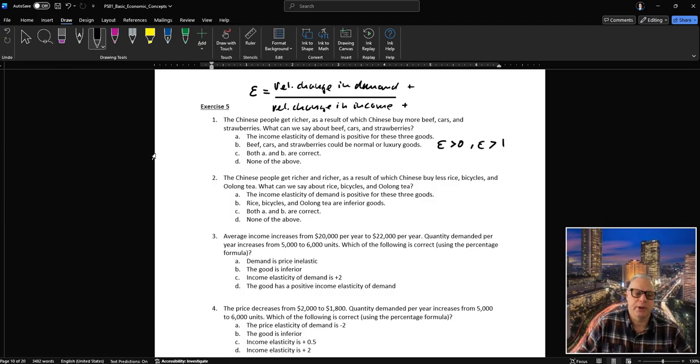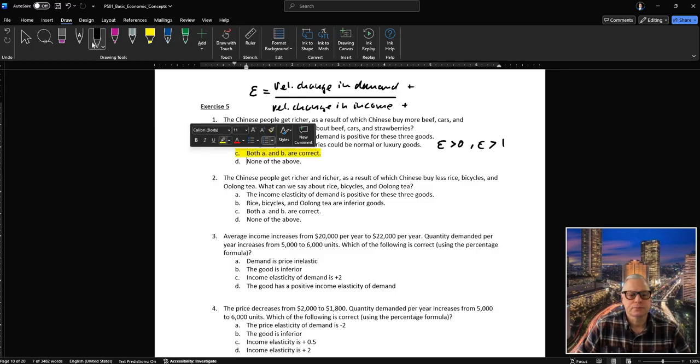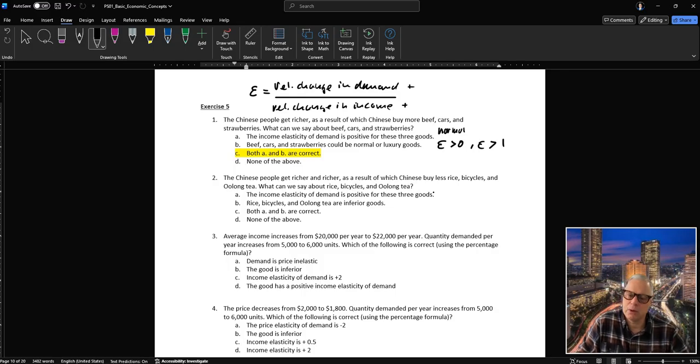So B is correct too. So here we say income elasticity of demand greater than 0, we say normal good. But when we observe that the elasticity is actually greater than 1, it's still normal, but then it is a luxury good.